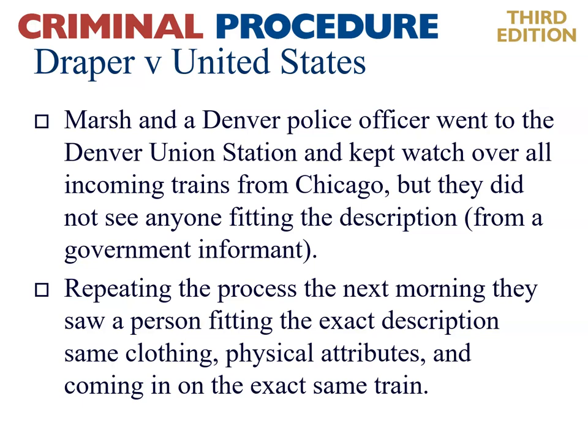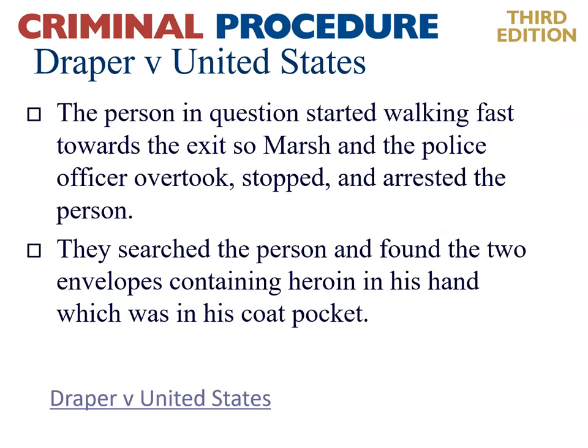This description came from a government informant. So they decided to repeat the process the next morning. And as they did this, they saw a person fitting the exact description, same clothing, physical attributes, and coming in on the exact same train, just at a different time frame or a different day.